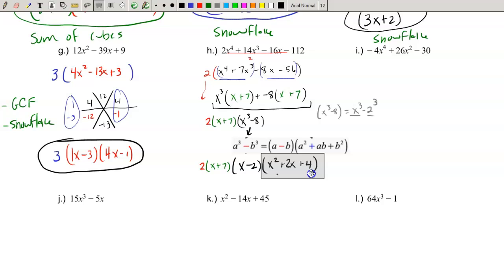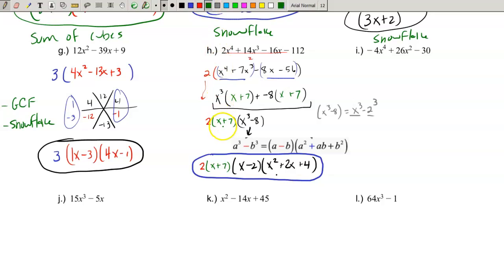This looks like traditional snowflake. Could I just factor that down more? And I'll tell you right now, you can't, right? Because if you think about it, there's nothing that multiplies up to 4 and is going to add up to 2, right? So you could try snowflake here, but it's just not going to work out. It's not factorable. So this is as far as you can go, and this was a more challenging one.